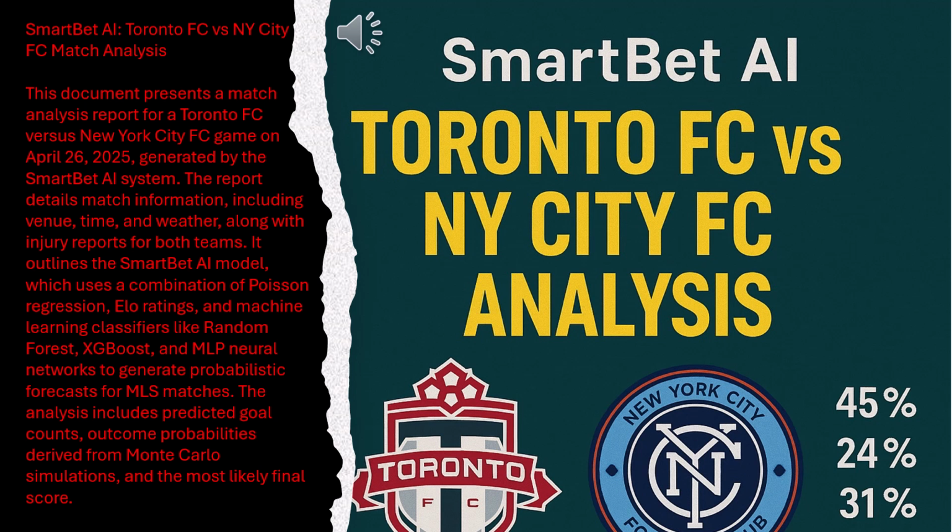Makes sense. So what kind of data are these different models actually chewing on? Good question. The report mentions quite a few key inputs. They use these adjusted Poisson models, bootstrapped ones we'll talk about, to estimate not just the average expected goals, but also the range of likely scores. Okay. Then there are dynamic ELO ratings. Think of ELO like a chess rating, but for soccer teams. It goes up when you win, down when you lose, constantly updated. And these are adjusted for injuries too, you said? Yes, exactly.